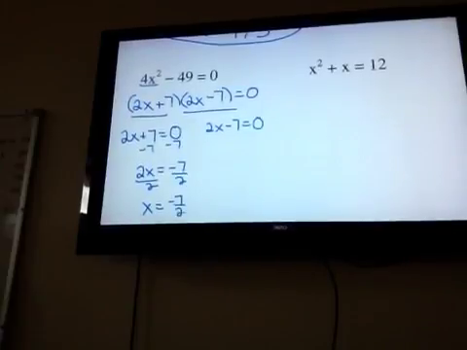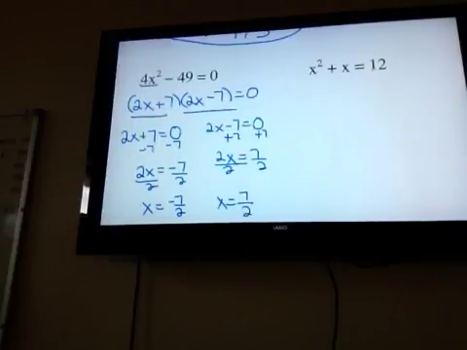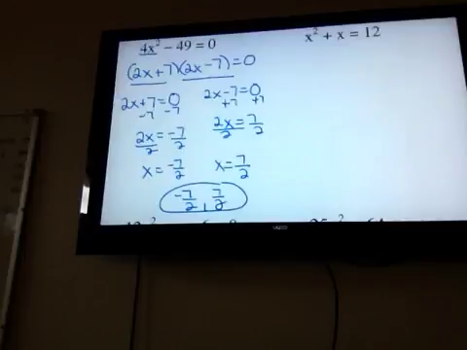And I have negative 7 over 2. And on the other one, I'm going to solve for x, so I'm going to add 7. And these rules of solving are things we've done numerous times. Divide by 2, and x is a positive 7 over 2. So my two solutions, negative 7 over 2, positive 7 over 2.